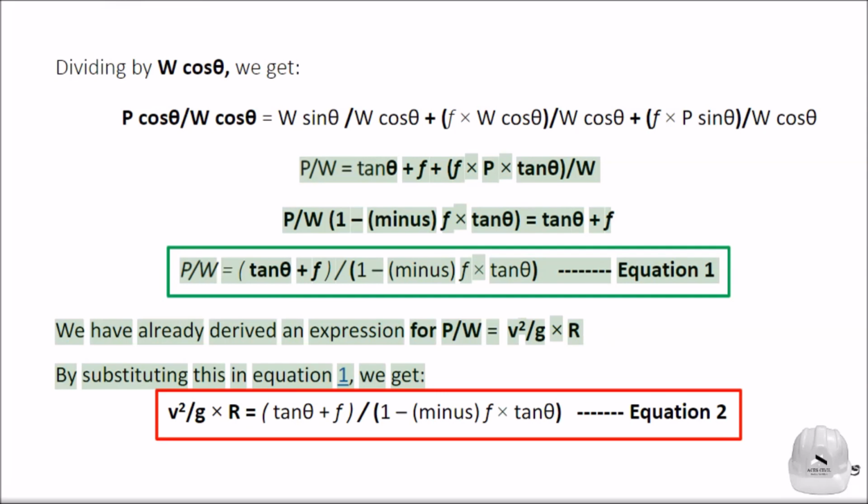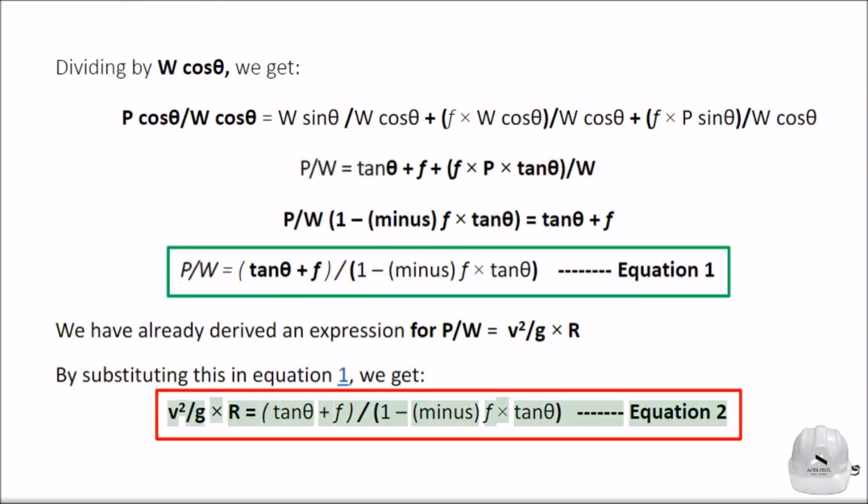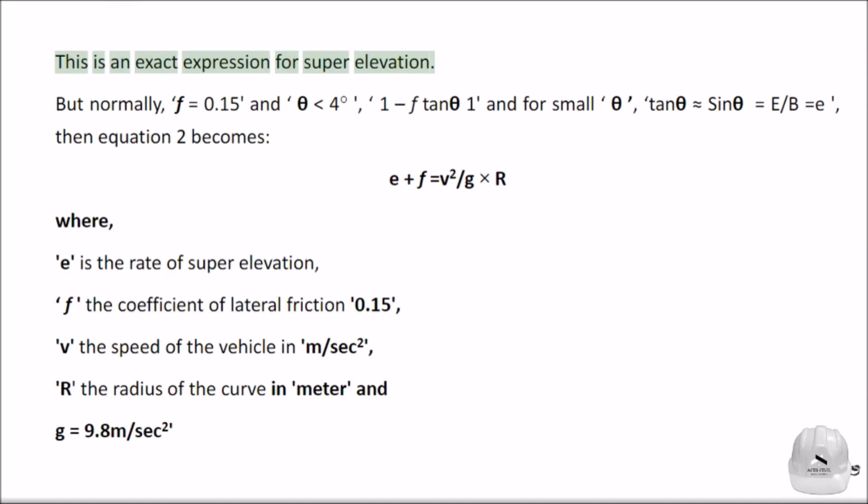Equation 1. We have already derived an expression for P/W equals v²/(g times R). By substituting this in equation 1 we get v²/(g times R) equals (tan θ plus f)/(1 minus f times tan θ). Equation 2. This is an exact expression for superelevation.